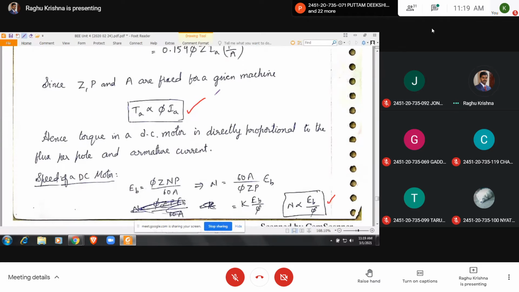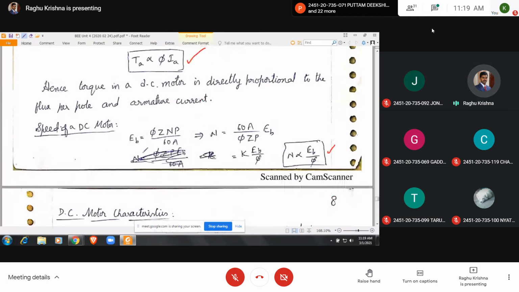Next, if you see the Eb equation, Eb is phi Z N P by 60A. For a given machine, Z, P and A will be constant.